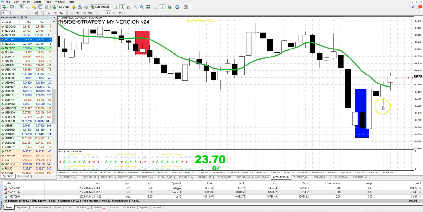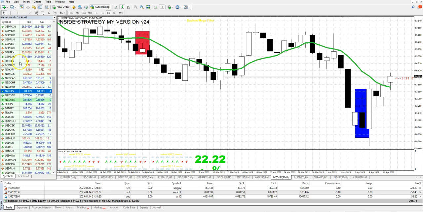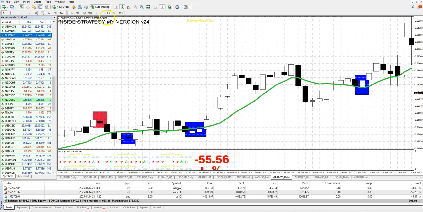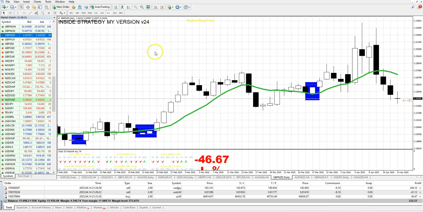This was not, because for buy, price breaking must be over that line. So this is not a good setting. It all depends on the market. If you don't have good settings, guys, don't trade.